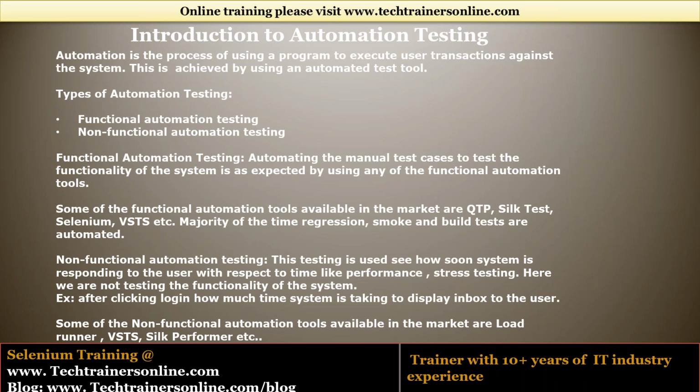When it comes to types of automation testing, there are typically two types: functional automation testing and non-functional automation testing. When we talk about functional automation testing, what are we trying to test? We are trying to validate whether the system is functioning as expected or not.